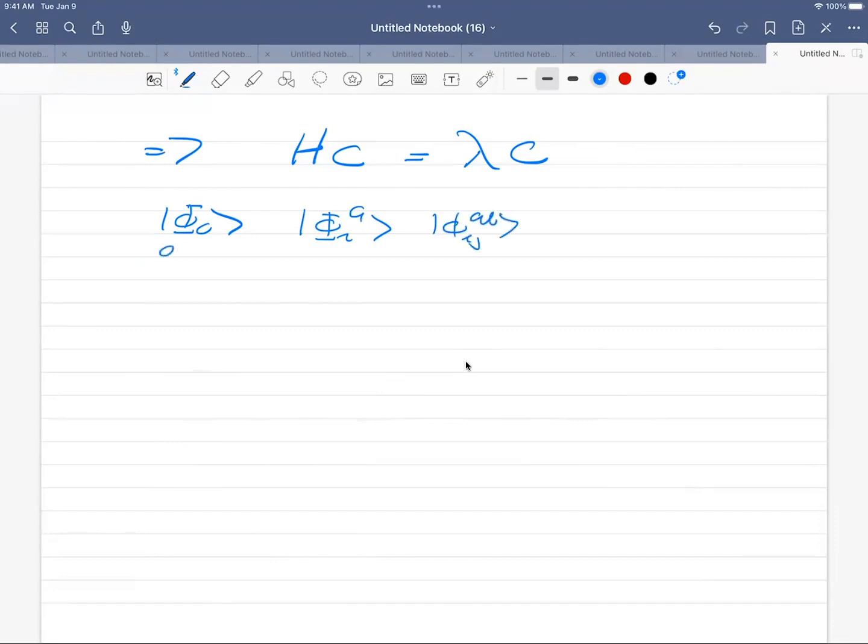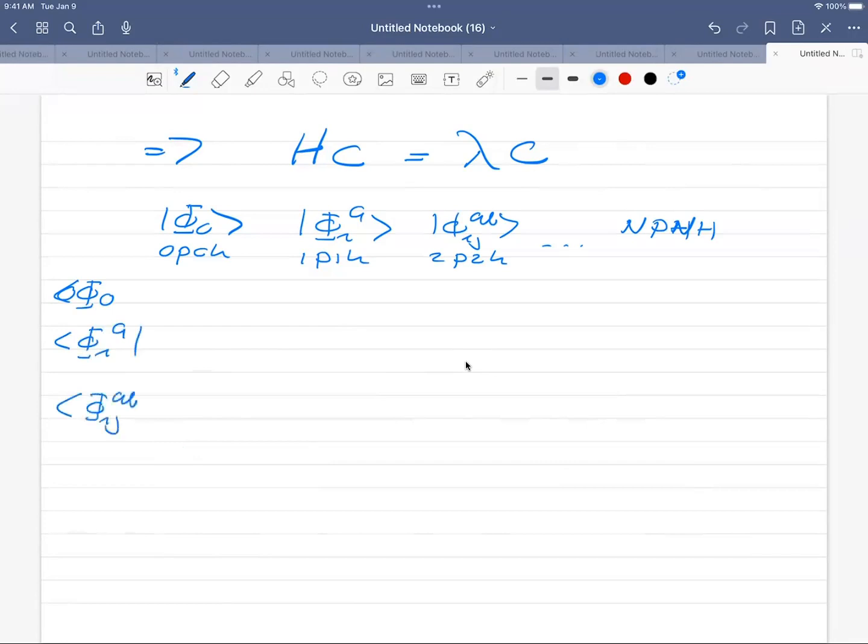So this would be the 0 particle, 0 hole states, the 1 particle, 1 hole states, the 2 particle, 2 hole states, and this goes all the way up to n particle, n hole states. And then we have the similar block here. So we have phi 0, phi IA, phi ij AB, and this goes all the way down to n particle, n hole excitations.